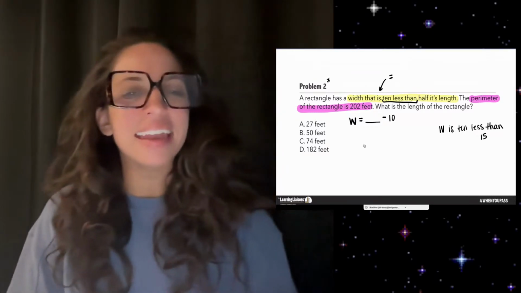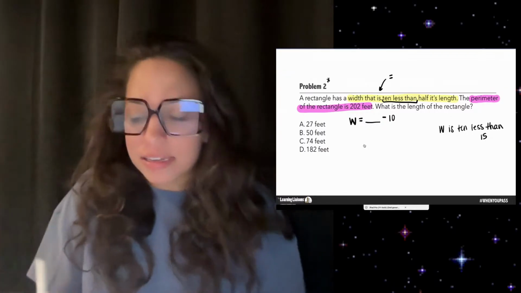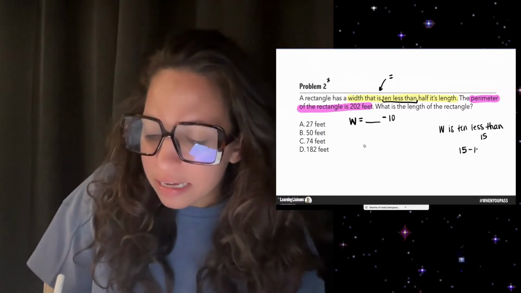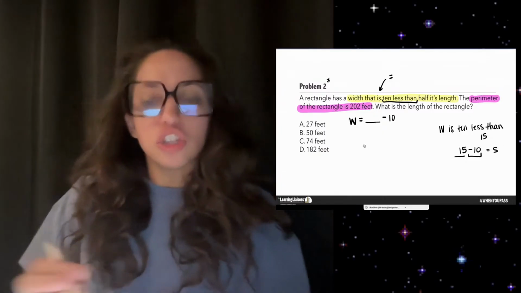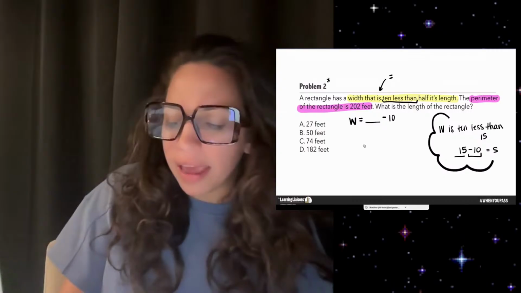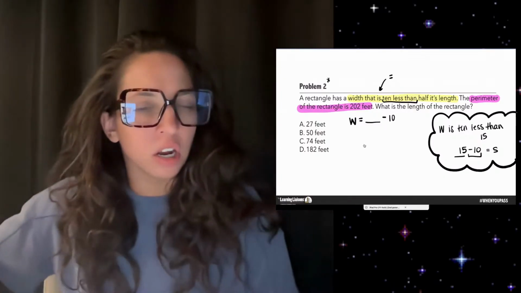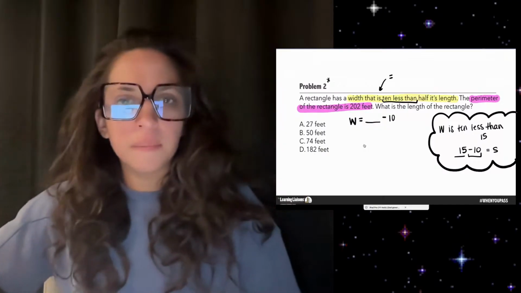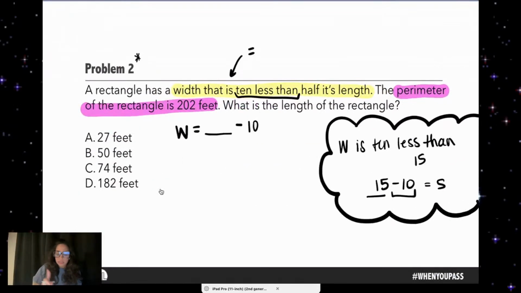What is 10 less than 15? 5. Because 15 minus 10 is 5. Something minus 10. So if we reframe the part that is unfamiliar to us into a familiar area, then it makes it a little easier to conceptualize it. So, something minus 10. What is that something? Half the length. 1/2 the length.